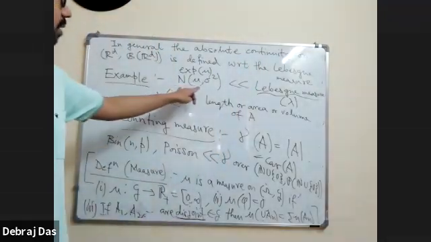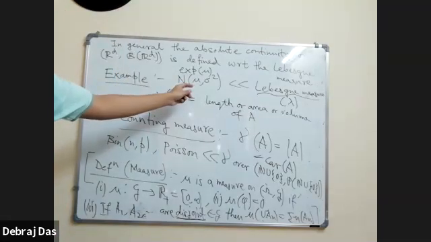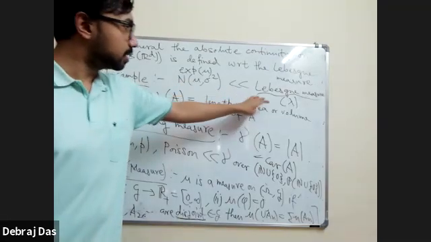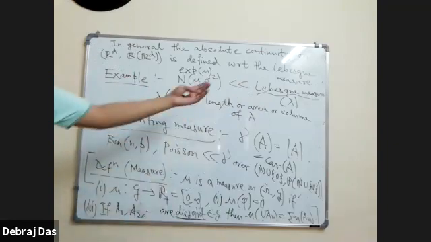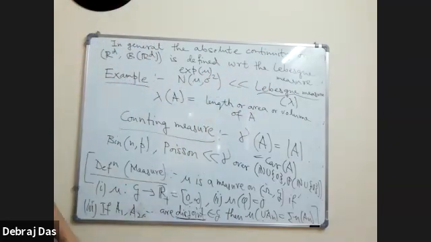So whenever you think of absolute continuity, you should think with respect to the Lebesgue. It is easier to think because Lebesgue is nothing but length, area, volume, something like that. Okay, so I deviated a lot from the example actually, but it's important.